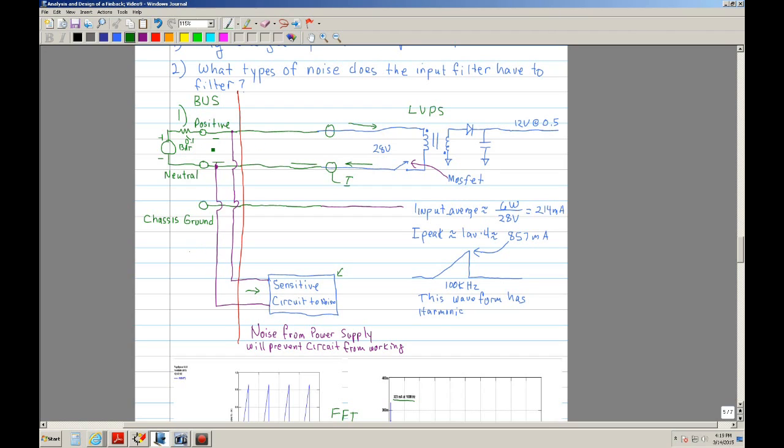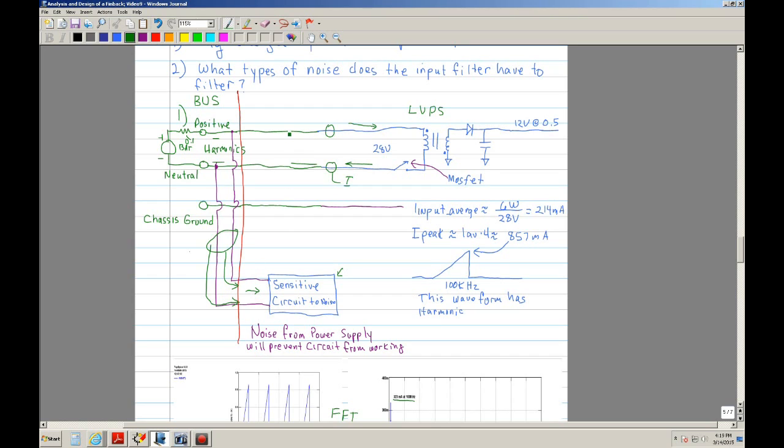So basically you have a bunch of harmonics that are polluting it, and if you have other sensitive equipment, that differential noise will affect any other systems that are connected in parallel to the bus.